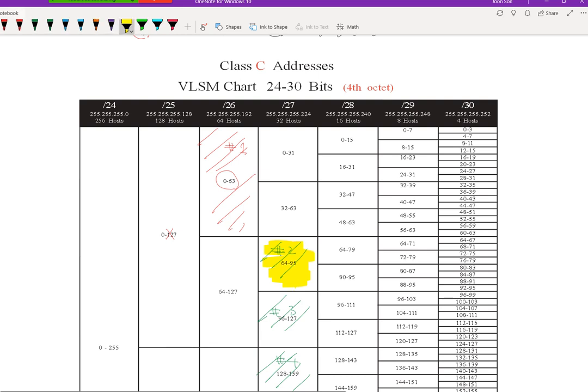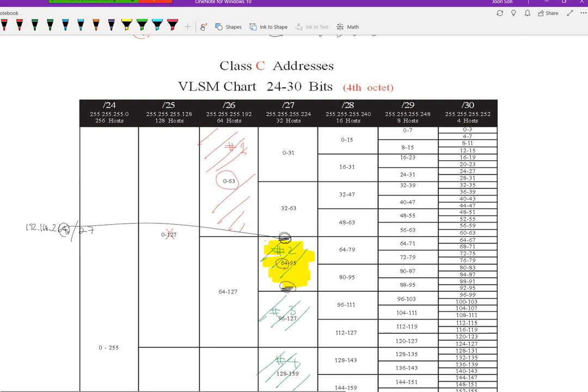So this is the second subnet. When you look at it, this is the network address, and this is the broadcast address, right? So the network address is 192.168.2.64, right? So that's /27.